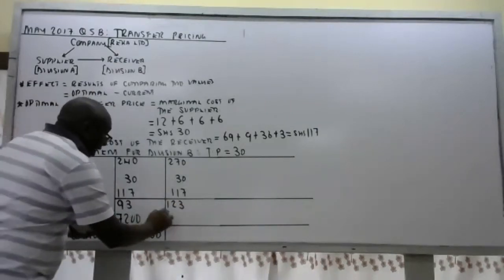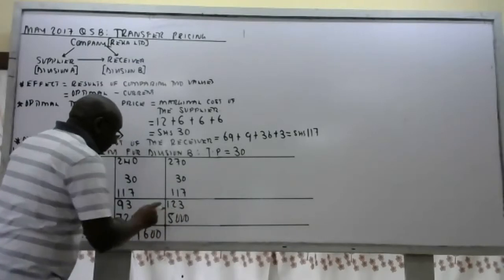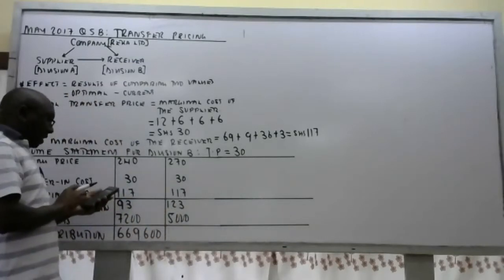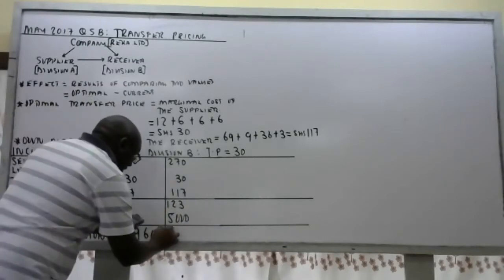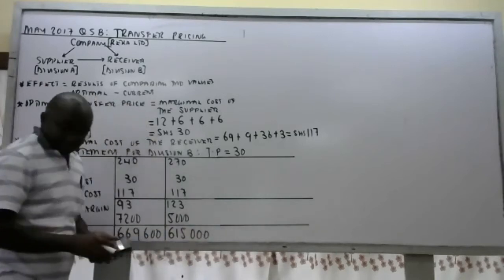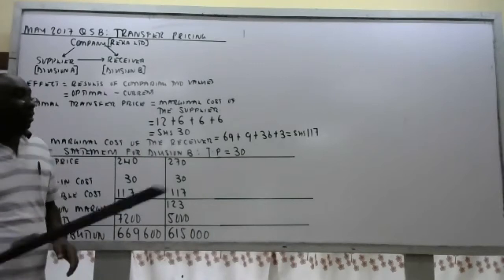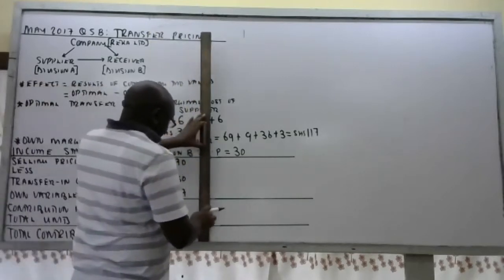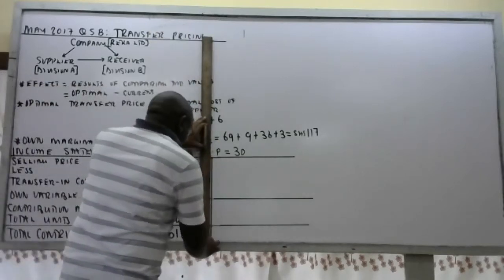And the units are 5,000. So multiplied by 5,000, that will be 615,000.